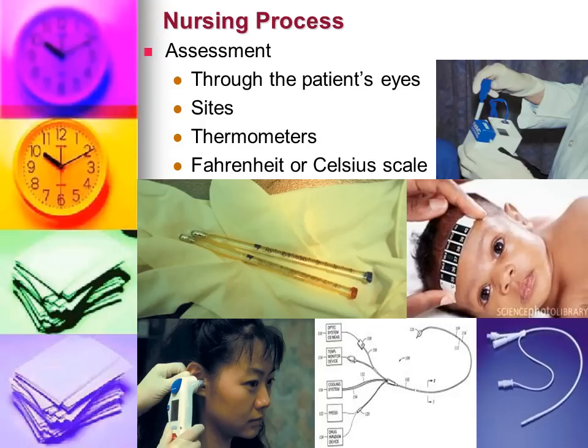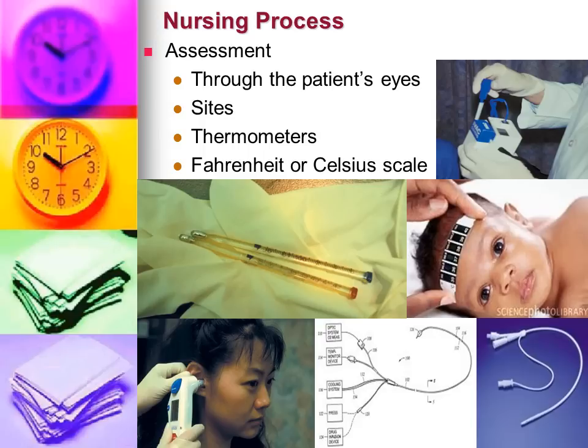Use a thermometer to obtain intermittent temperature measurements from the mouth, rectum, tympanic membrane, or temporal artery. Axillary temperature measurements are usually not recommended because they're not as accurate.